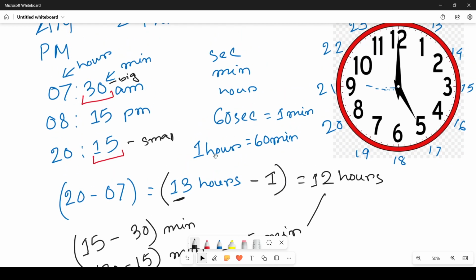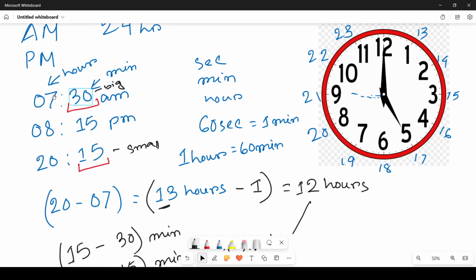Let's check: if the guy would have worked from 7:30 till 8:30, of course it would have been 13 hours, right? Because he would have started working from 7:30, and then he would have finished working at 8:30.